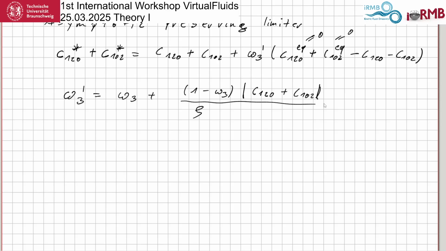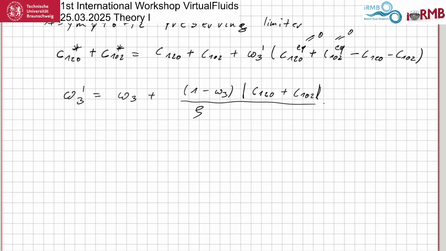Okay, I didn't say this. So in the code, we don't use pure cumulants, but we use cumulants times the density. Yeah, so we don't normalize them. So this is why I have to introduce here the density in this point.